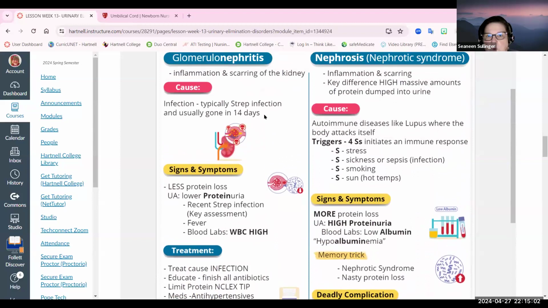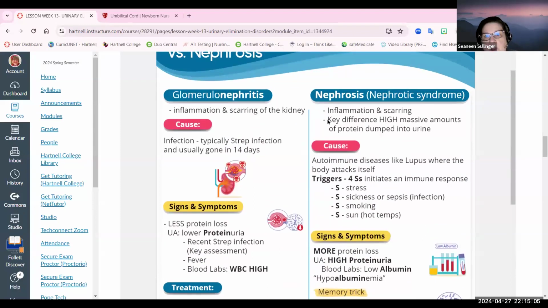And then for the nephrotic syndrome, often considered an autoimmune disease. Now, you can also see glomerulonephritis with an autoimmune disease, but nephrosis generally has to do more with stress, sickness, could be anything that's going to initiate an immune response.